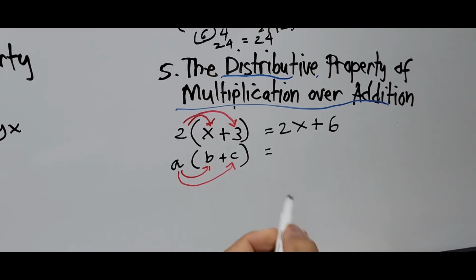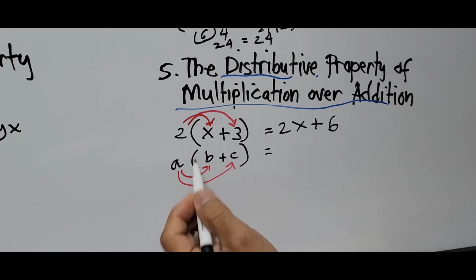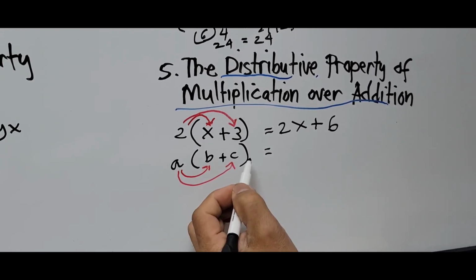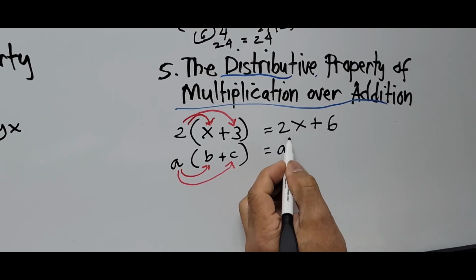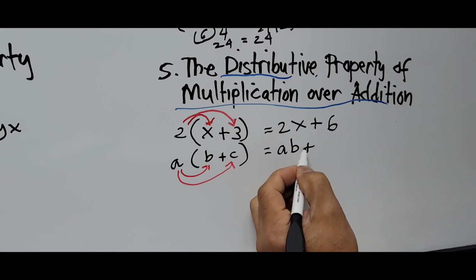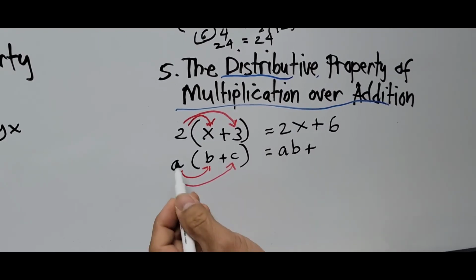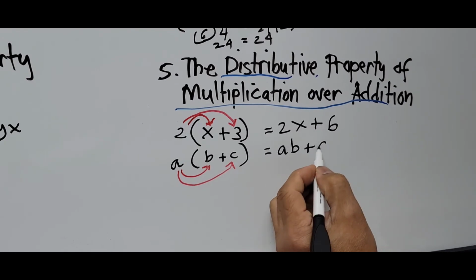So the answer would be a times b. Since the bracket stands for a multiplication, a times b is ab, and then a times c, carry over the plus sign, plus a times c is ac.